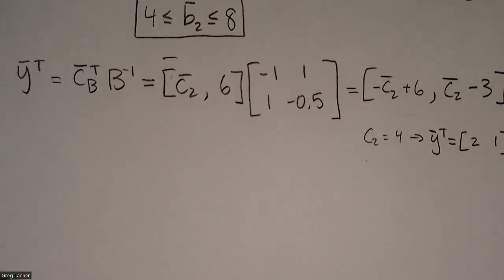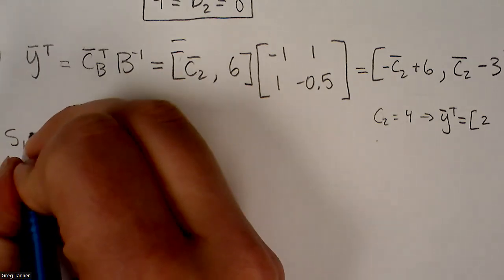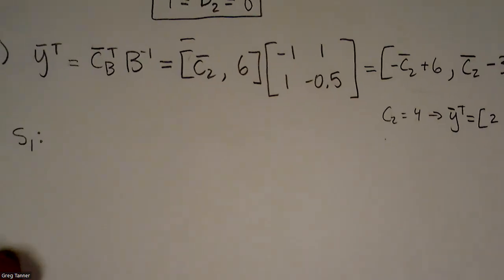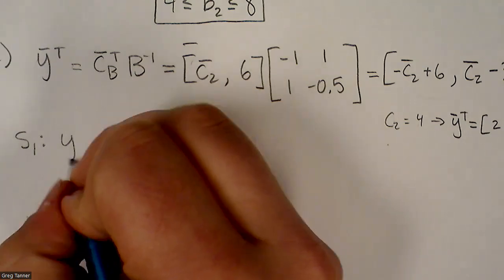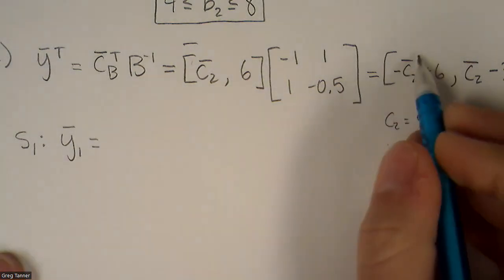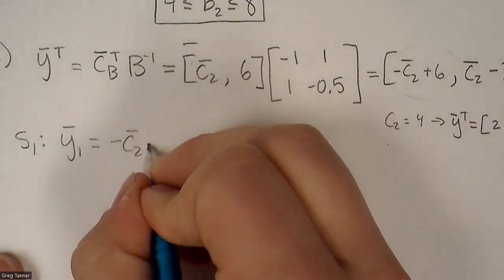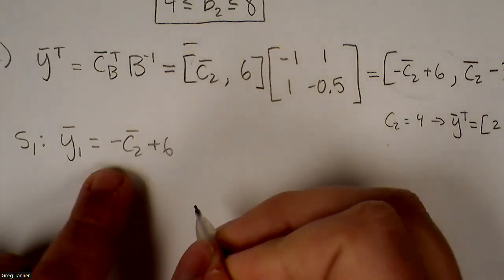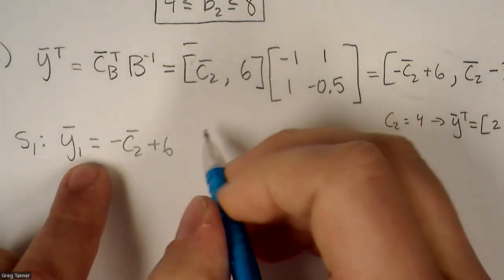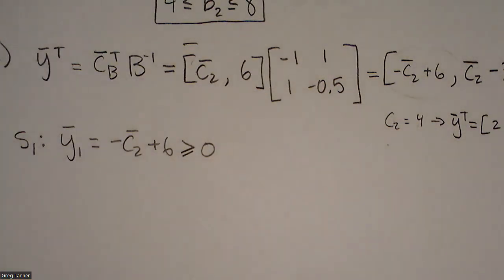Let's look at the coefficient of s1. Its coefficient in the objective row is always going to be y1, and in this case y1 bar is equal to negative C2 plus 6. That coefficient in the objective row has to be greater than or equal to 0 in order for us to be in an optimal solution.